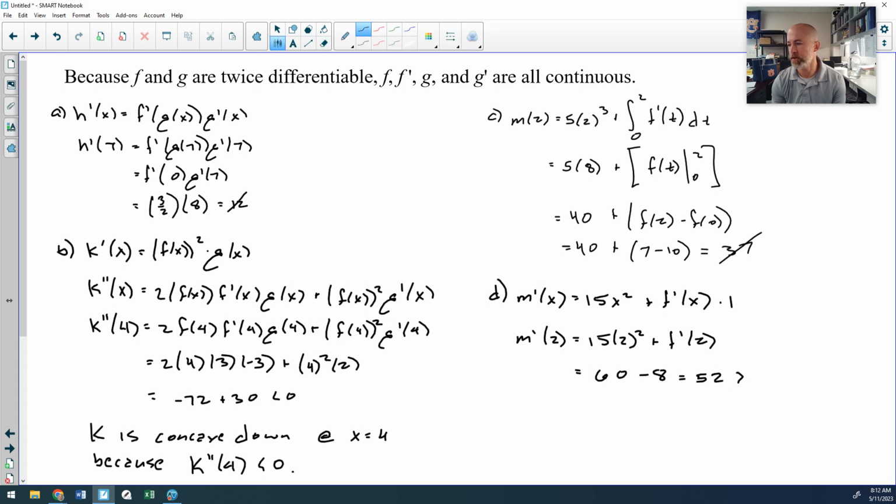That is greater than 0, therefore, and it's going to be very similar to how I answered B. Therefore, M is increasing at x equals 2 because, and I probably should write the word because. I wrote it here too. Earlier in another question, I wrote B/C. I was lazy. M is increasing at x equals 2 because M prime of 2 was greater than 0.